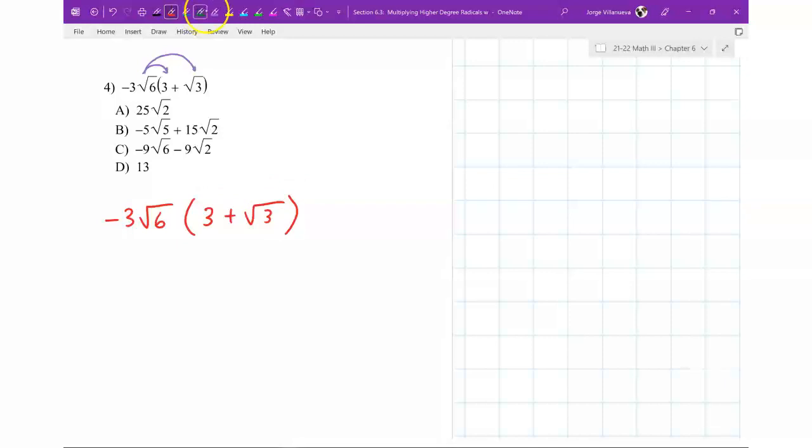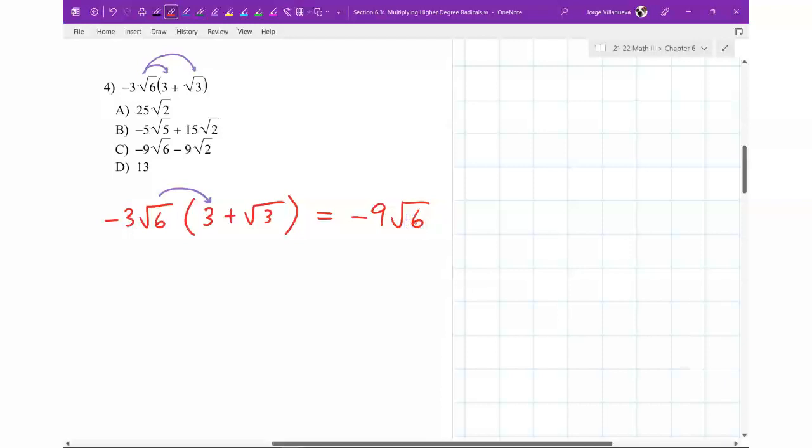So when I multiply negative 3 radical 6 times 3, I'm going to get negative 9 radical 6, because the whole number multiplies the whole number. So negative 3 times 3 is negative 9. And then I'm going to multiply negative 3 radical 6 times a radical 3.